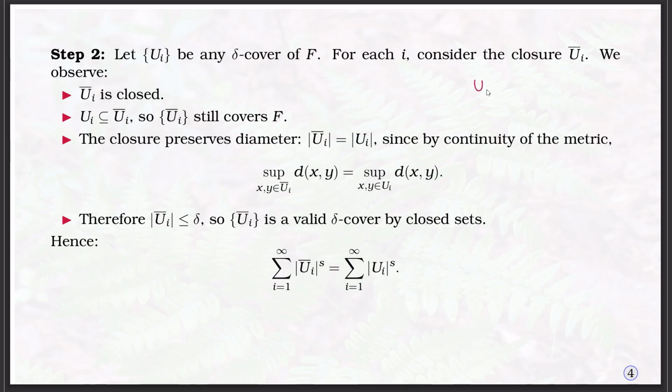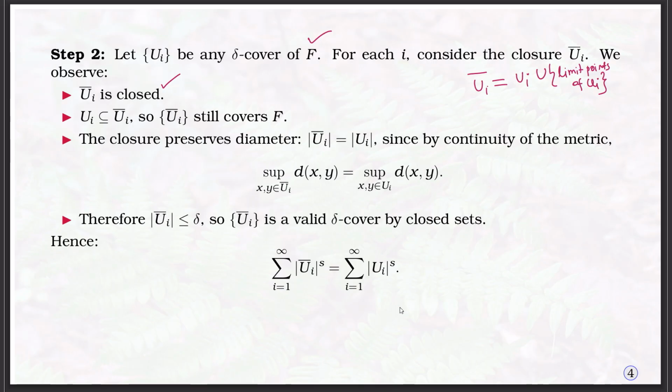The closure of ui is defined as ui union the limit points of ui. Therefore, we conclude that ui bar is closed. If ui covers F, then this collection of ui bars still covers F.